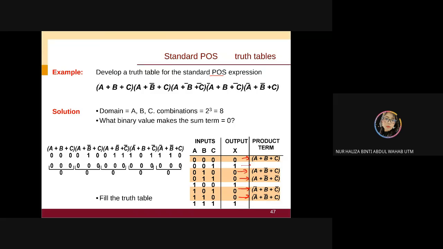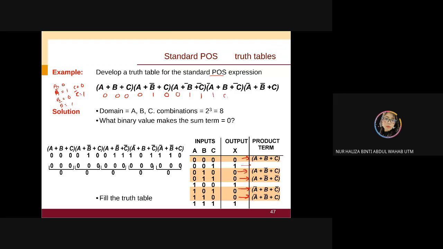So from here you have A equal to 0, B equal to 0, C equal to 0. So if let's say you have A, B, C, it's going to be 0, 0, 0. A, B bar, C. A, B bar, C bar.